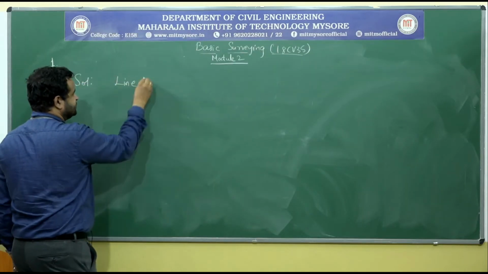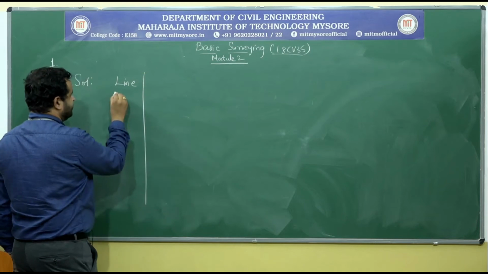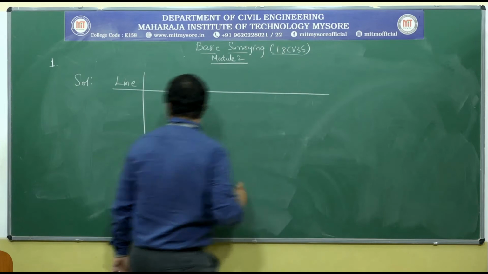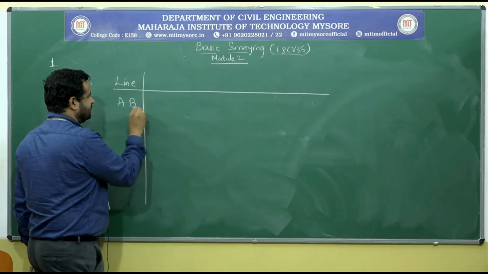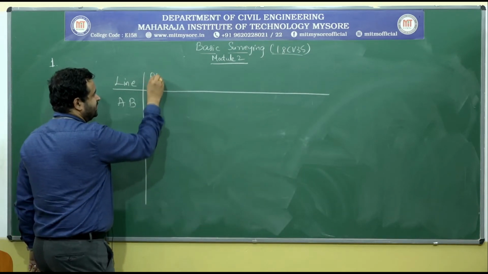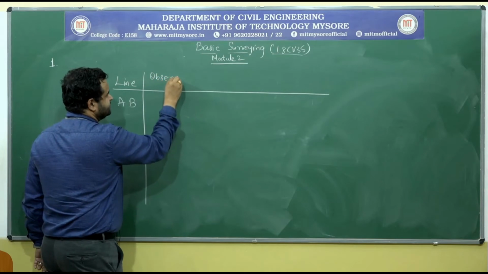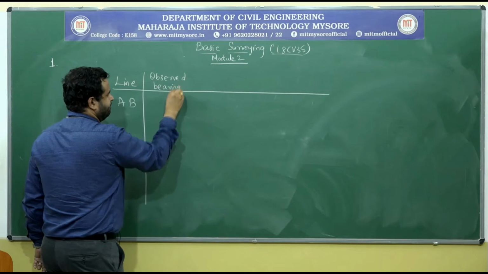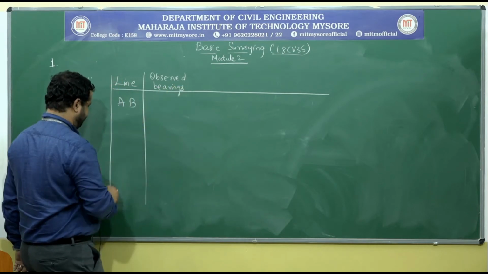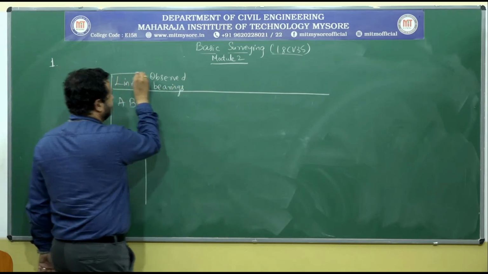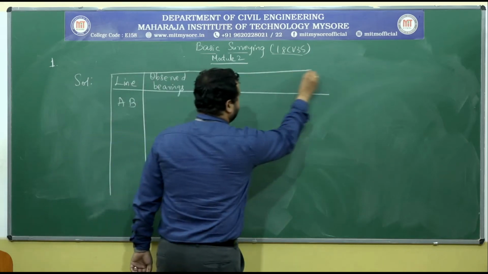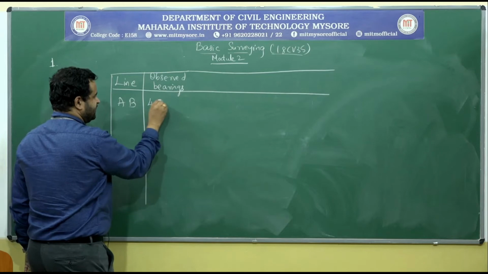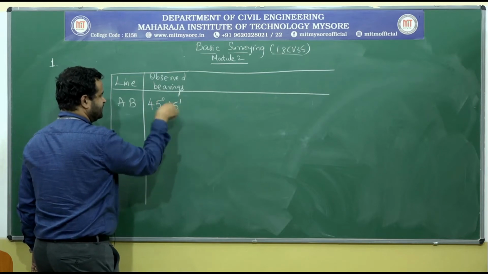So let the first column be line, and the first line is AB. Let me write the second column as observed bearings. So AB was given as 45 degrees 45 minutes.